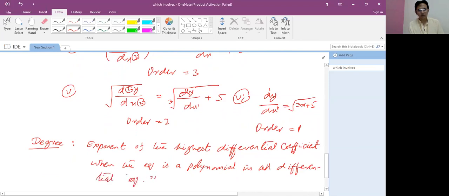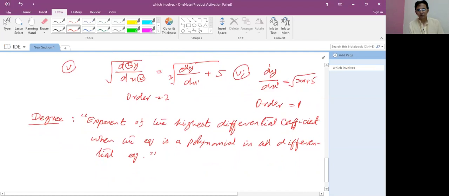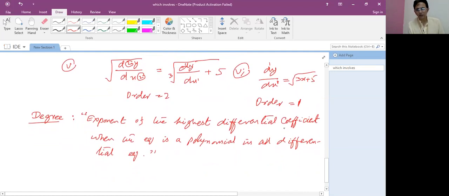So this is called the degree of the differential equation.